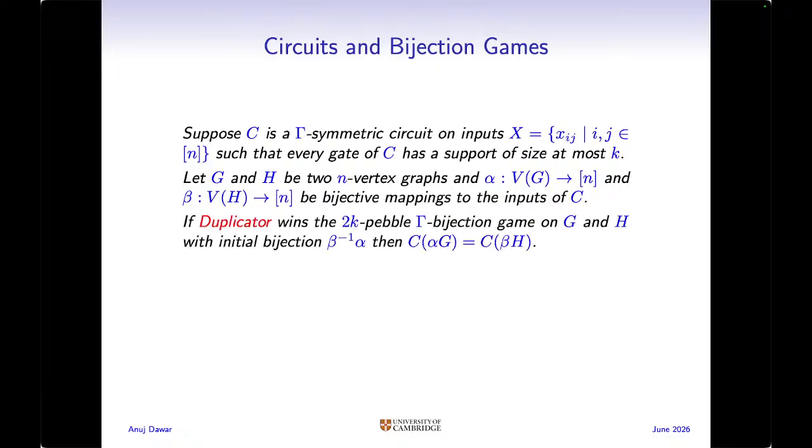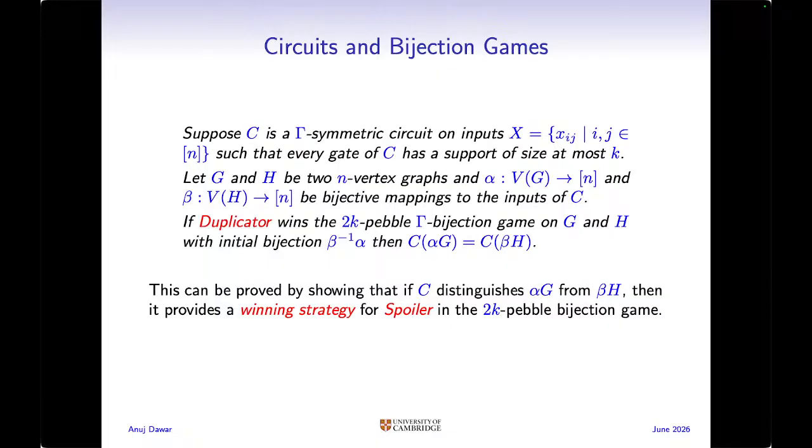And if duplicator wins this bijection game with 2k pebbles, you can show that the circuit will evaluate to the same on alpha G and beta H if duplicator has a winning strategy starting with the initial bijection given by beta inverse alpha. Right? Is this kind of picture clear? I had a picture on it, but I had trouble fitting it on the slide.